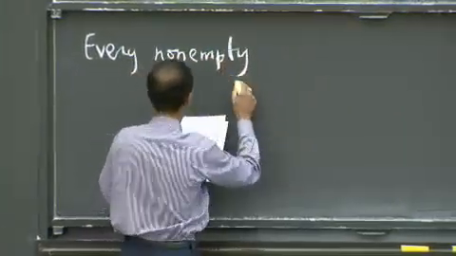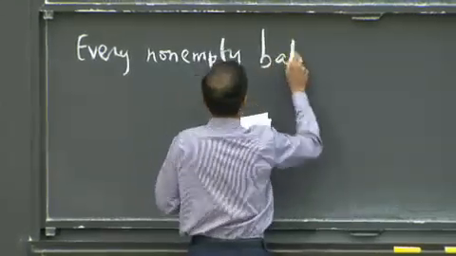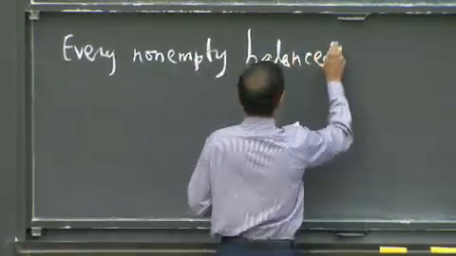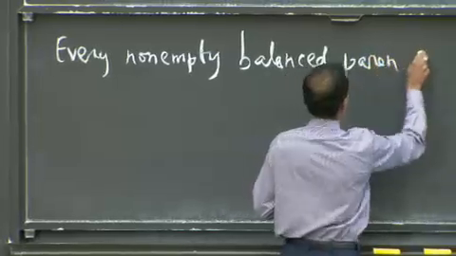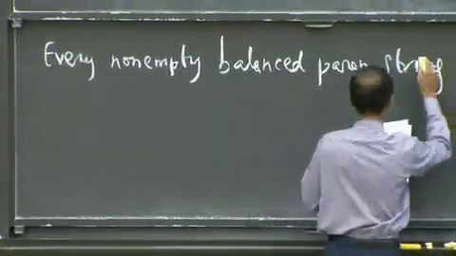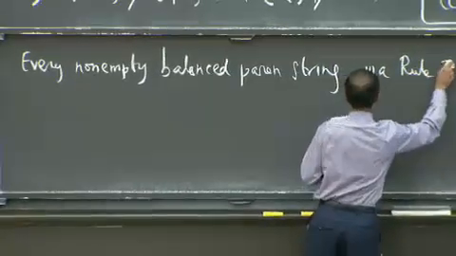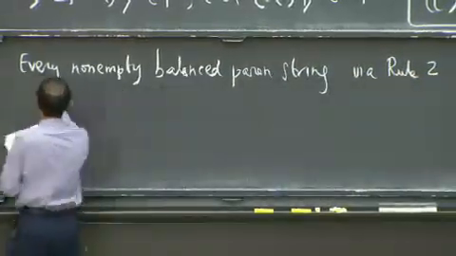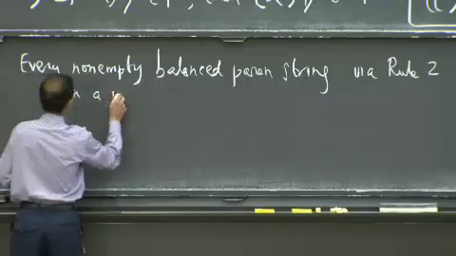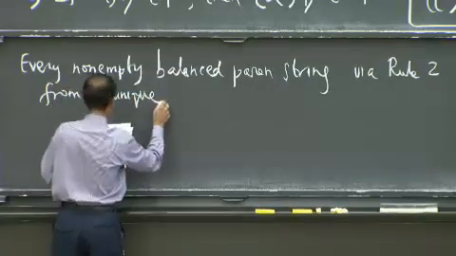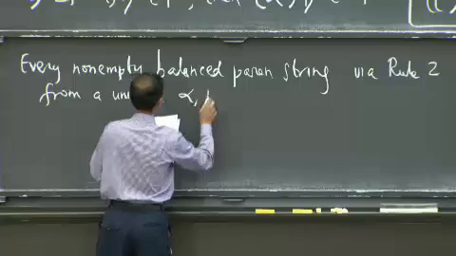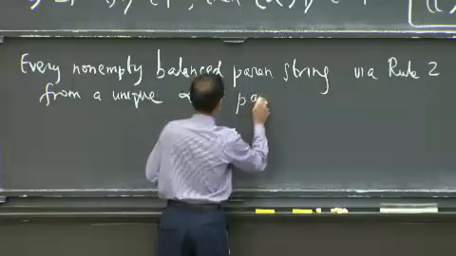And so the nice thing about this definition is that you can get every non-empty balanced parent string via rule 2 from a unique alpha beta pair.